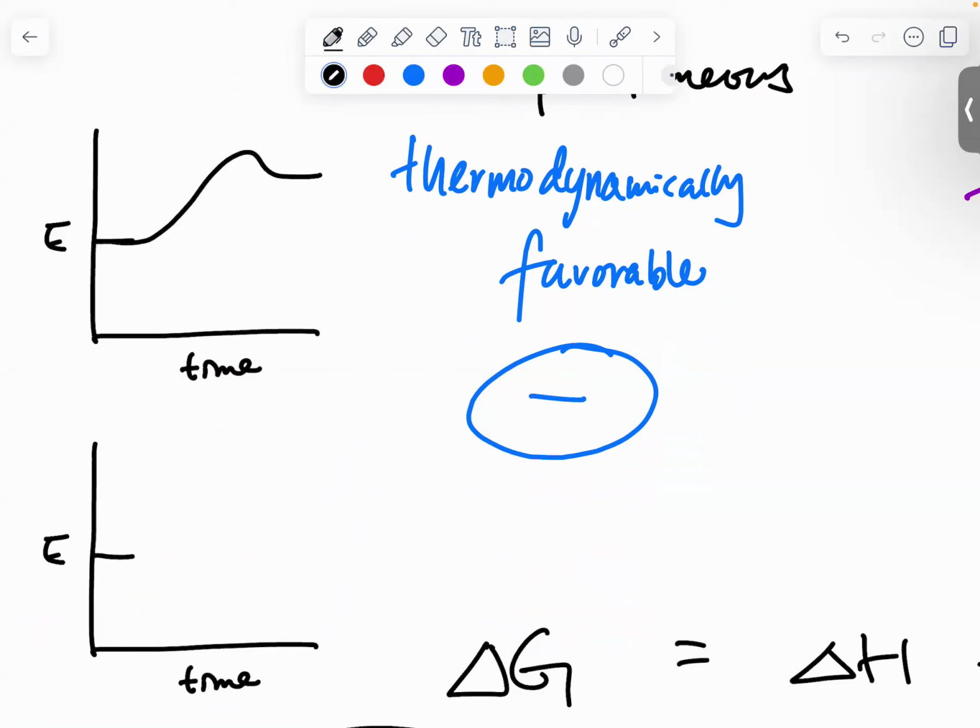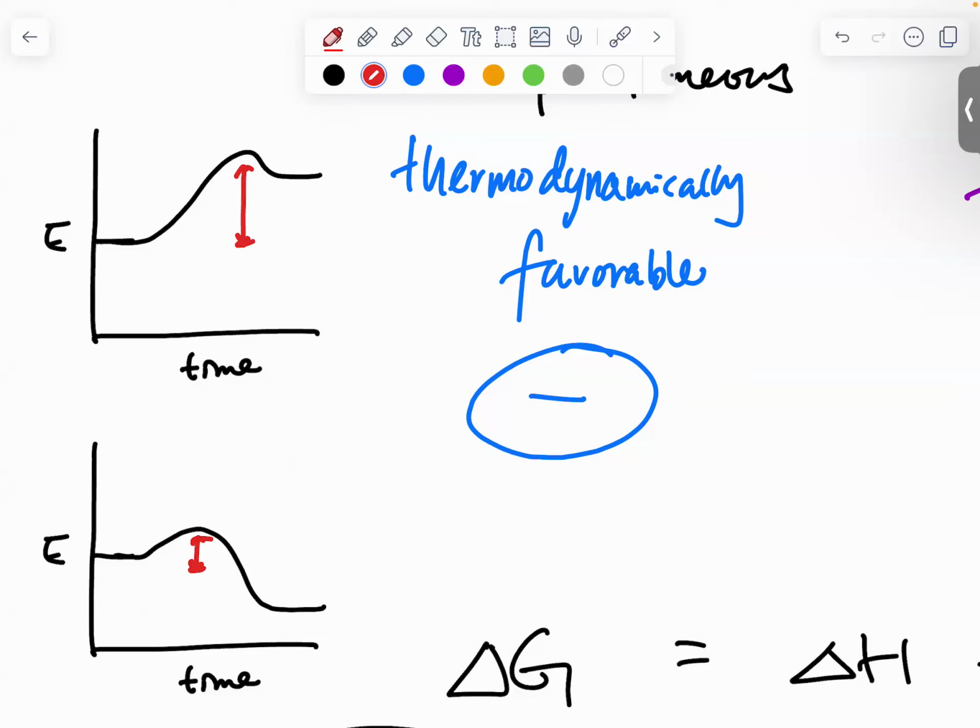Endo is like this, right? And exo is like this? The main difference between these two graphs is that for endothermic, it's likely going to be a high requirement of activation energy, while exothermic reaction, a small amount of activation energy. So that's the reason why exothermic reaction is more likely to happen.